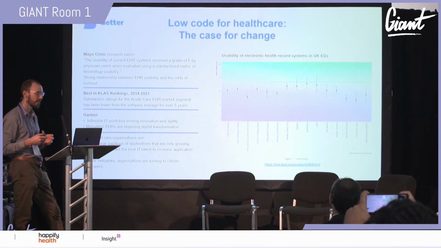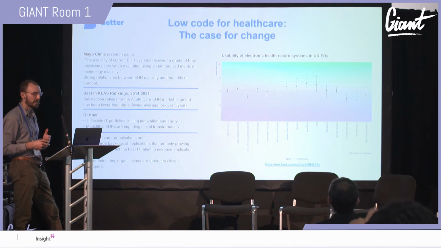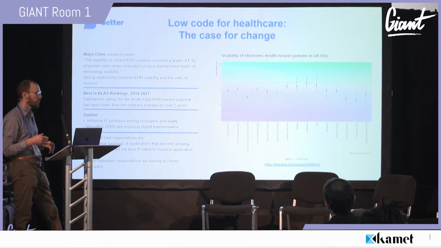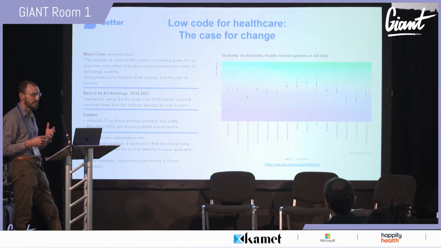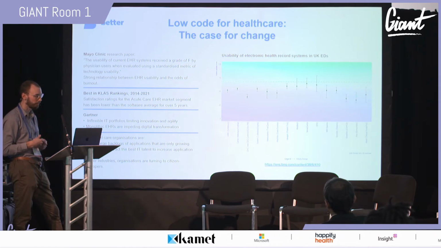And a poor usability and bad user experience with something that a healthcare professional is using can actually be interpreted as a clinical risk. And there's lots of evidence to support this, including from the Mayo Clinic, where clinicians evaluating the current systems for usability gave it a grade of F, and that was evaluated against, again, standard metrics for understanding usability of software.